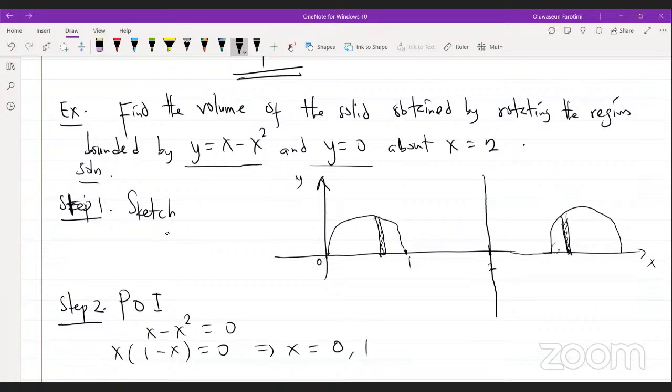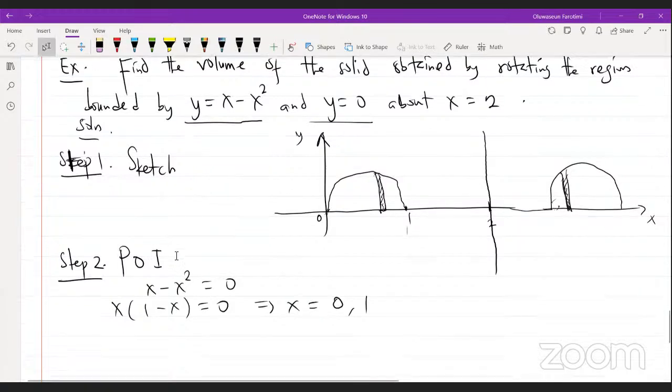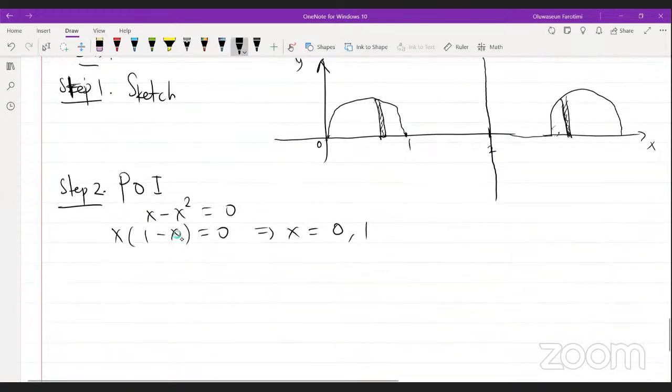Okay, so what is going to be my shell radius, guys? Or perhaps what is going to be my shell height? We will see. Okay, so let's solve. Now remember, we said the shell radius is actually the distance from the shell to the axis of rotation.